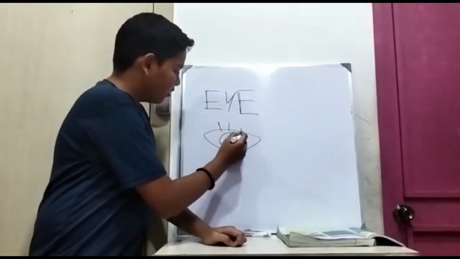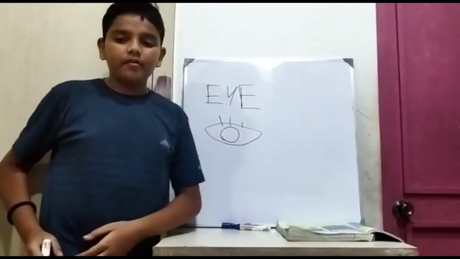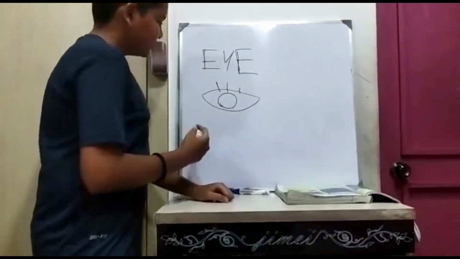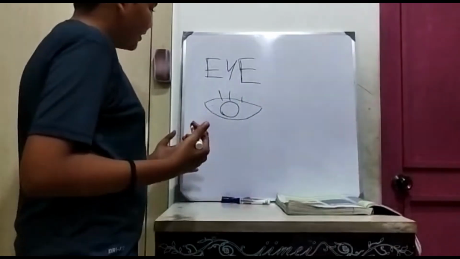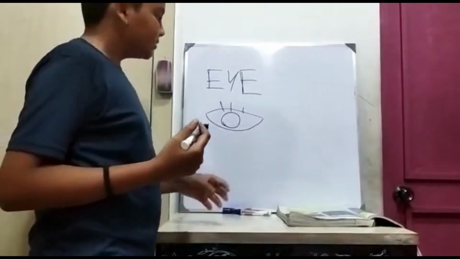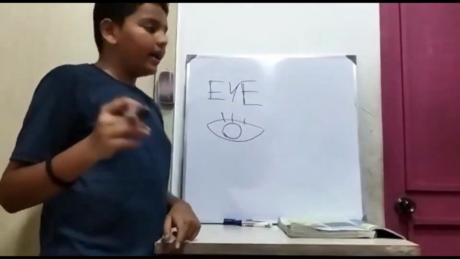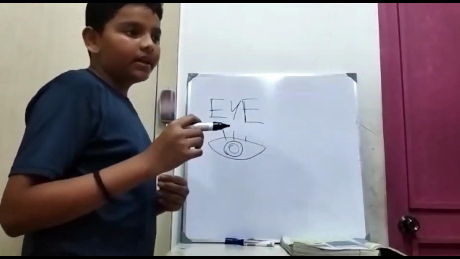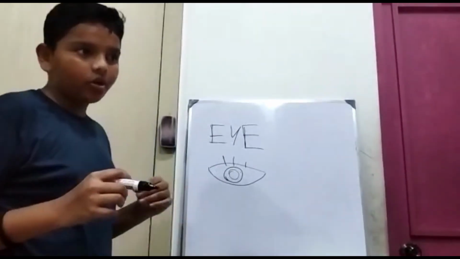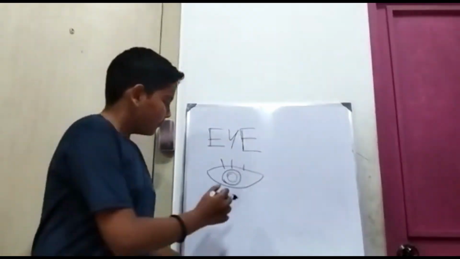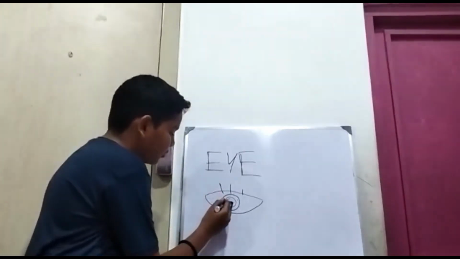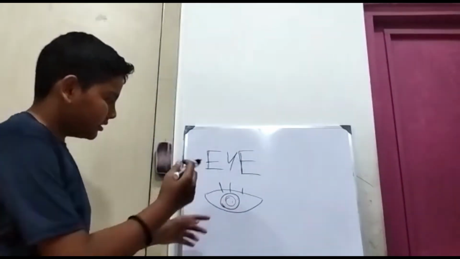It has a white coat here, which protects us from accidents and so on. The front transparent part is called the cornea, and the part over here is called the iris. The dark muscular structure behind the cornea is called the iris. In the iris, there's a small opening called the pupil. This is the pupil. So let's see a proper diagram.